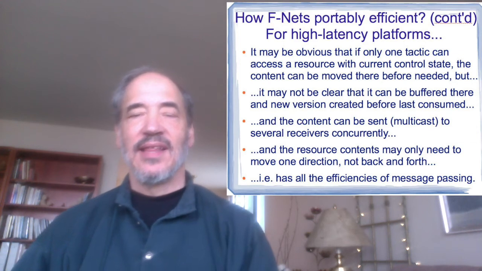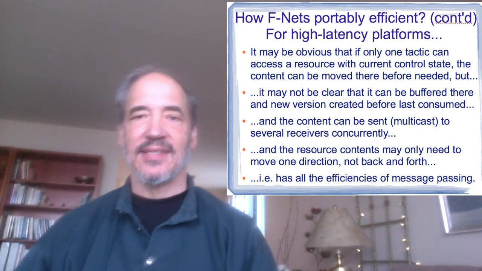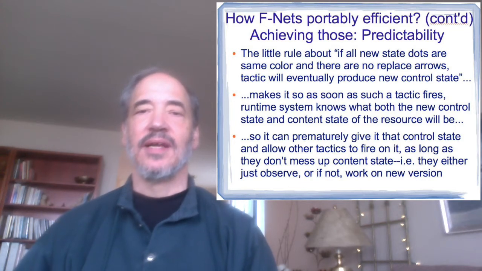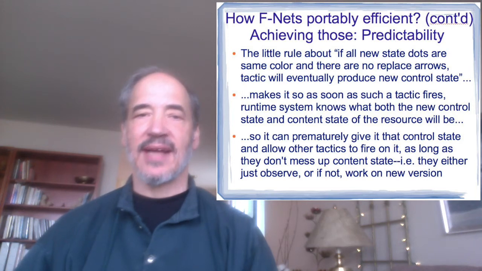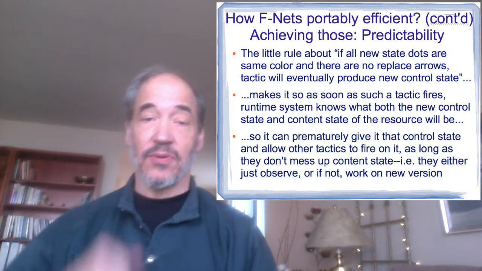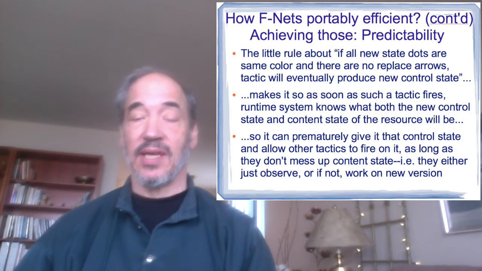So in other words, these can have all of the efficiencies of message passing in a high latency environment. So how are these all achieved? They're all achieved through predictability. That little rule about if all new control state dots are the same color, and there are no replace arrows, the tactic will eventually produce a new control state for that resource. That predictability rule makes it so that just as soon as a tactic fires, the runtime system knows what both the new control state and the new content state of that resource will be.